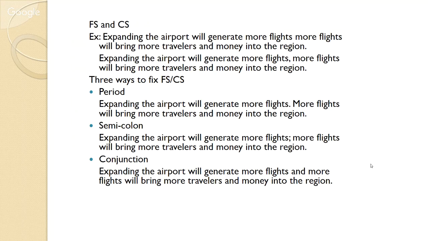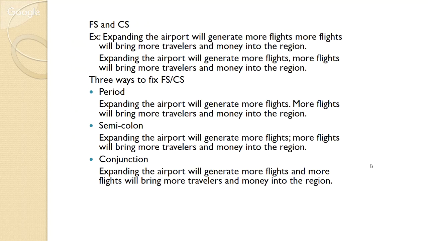So fused sentences and comma splices. Again, a fused sentence is a run-on. It's when you have more than one complete thought or independent clauses that have been put together. So expanding the airport will generate more flights. More flights will bring more travelers and money into the region. That is a fused sentence because you have two complete ideas that have just been combined without any punctuation.